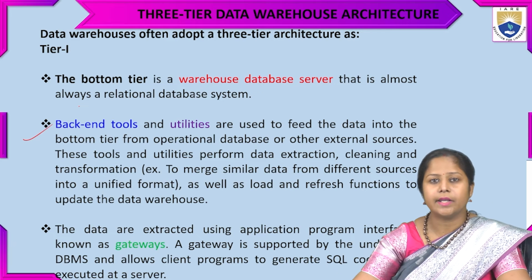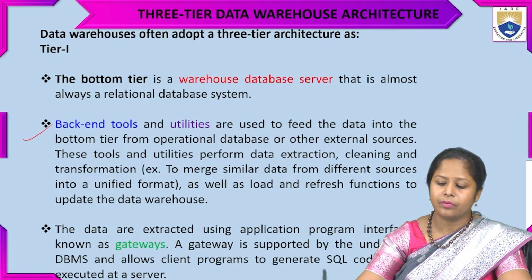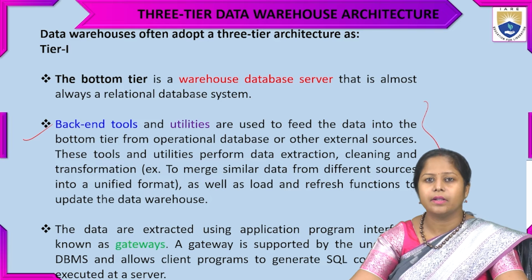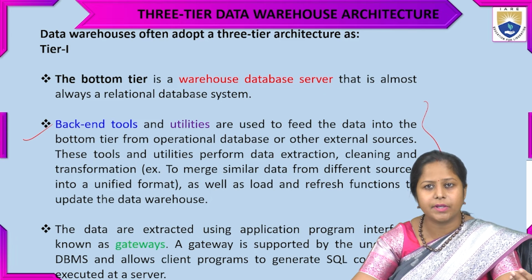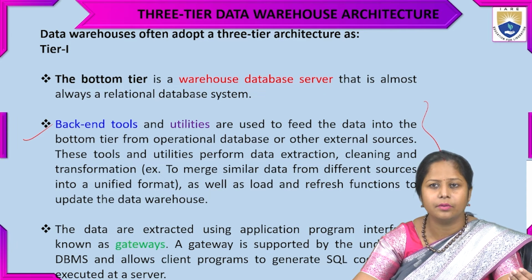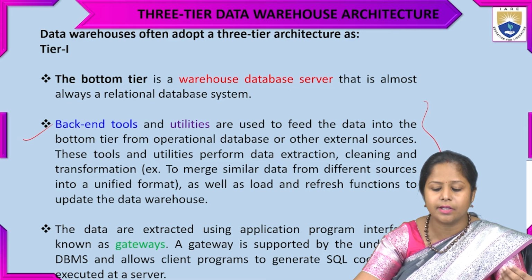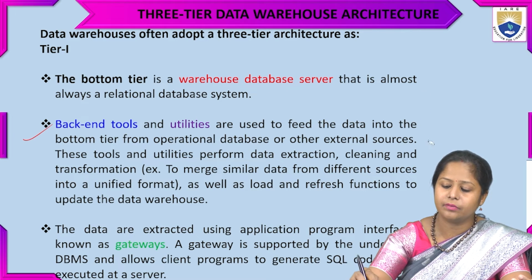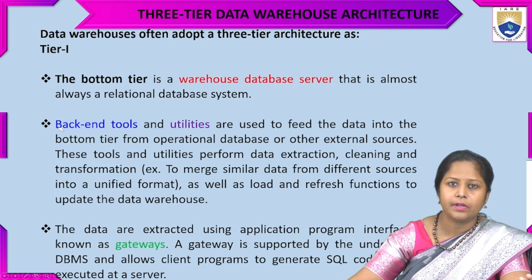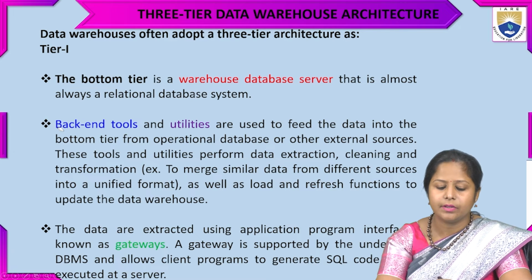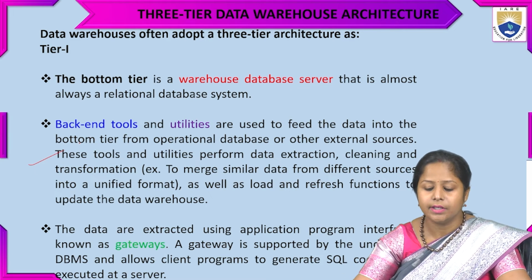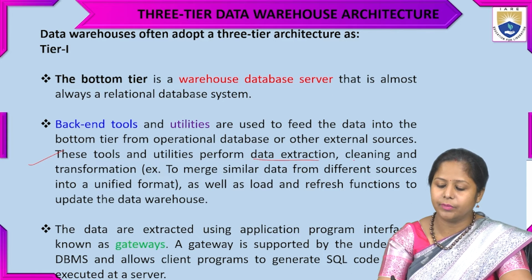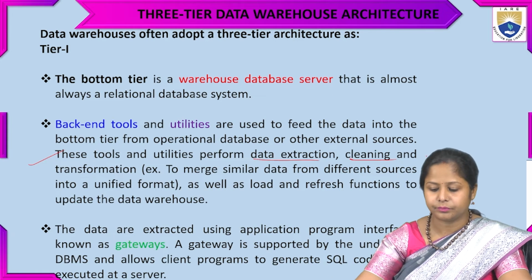The backend tools and utilities are used to feed the data into the bottom tier. That will be from other operational sources, external sources and operational data warehouses. We will be able to give all the data to the server, right? These are the tools and utilities that will perform the data extraction, right? That will perform the cleaning of the data, right?